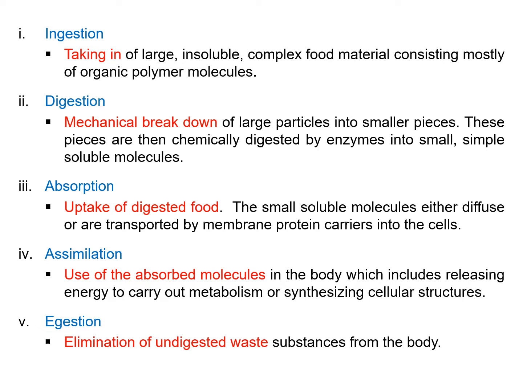Digestion is a process of breaking down large particles into smaller pieces. The pieces are then chemically digested by enzymes into small, simple, soluble molecules. Absorption is the uptaking of digested food, where the small soluble molecules either diffuse or are transported by membrane protein carriers into the cells.